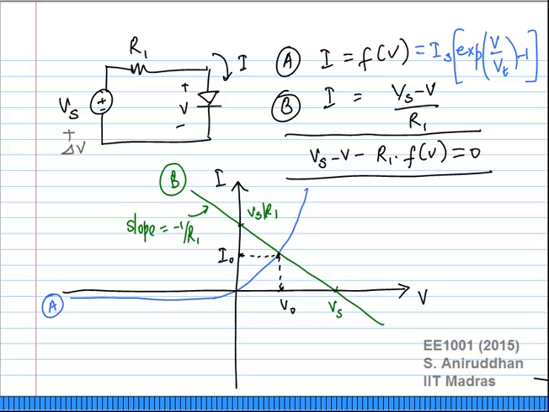The curve in blue, the diode characteristic, will that change? No, because it does not depend on Vs. However, the curve B will shift slightly. It will shift in this direction. That will be the new curve.